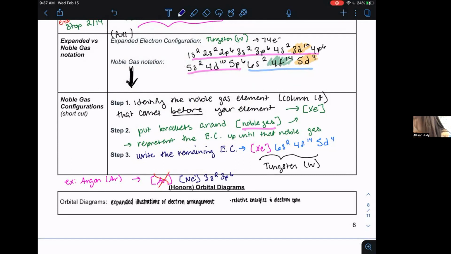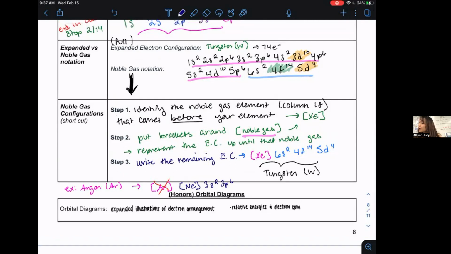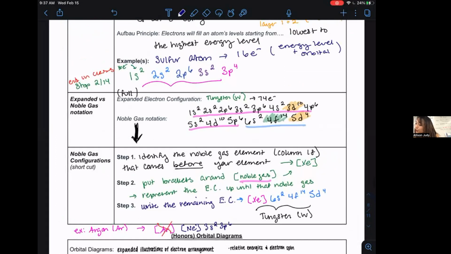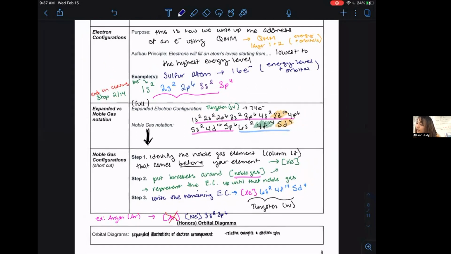One last thing I want to say is, how does electron configuration help us identify valence electrons? Valence electrons are the electrons in the highest energy level. So here's where you have to think a little differently. Let's go back to the easier example.